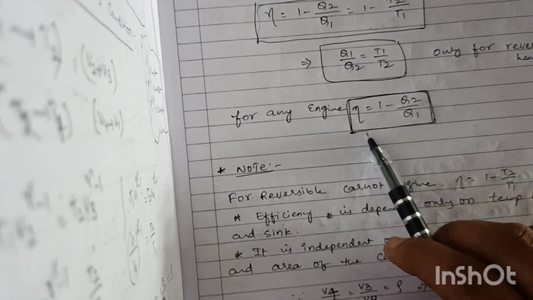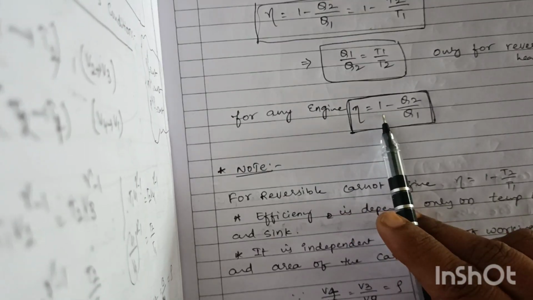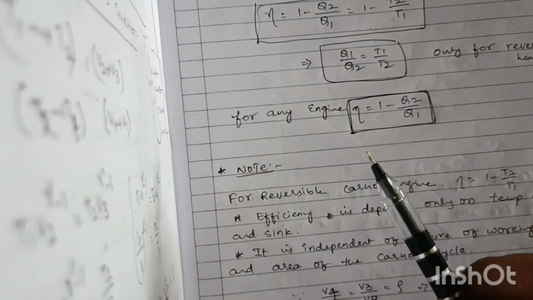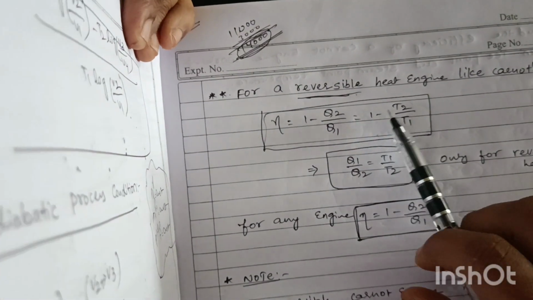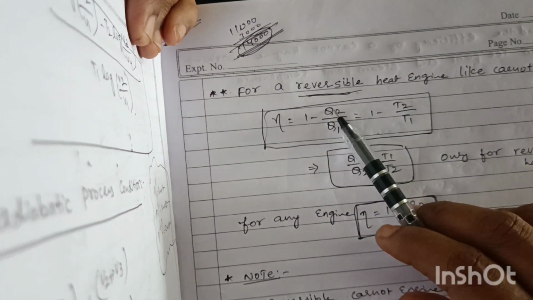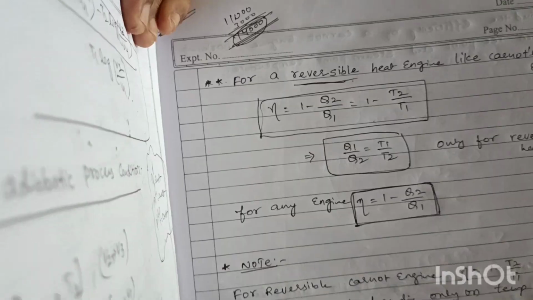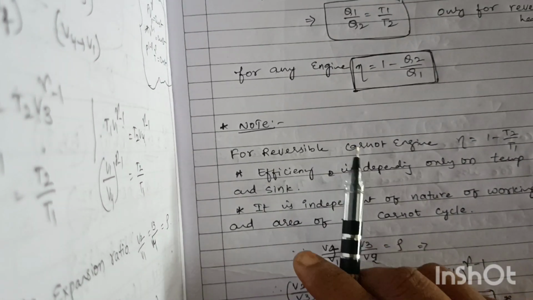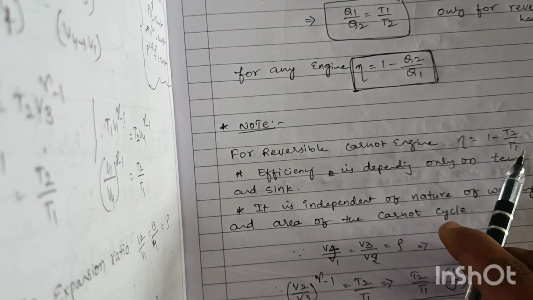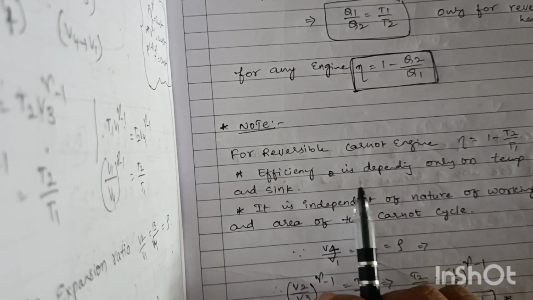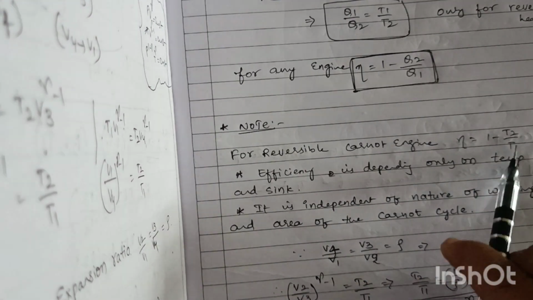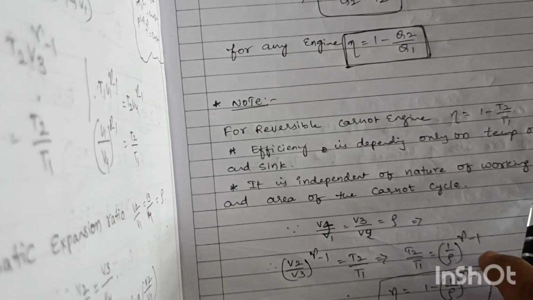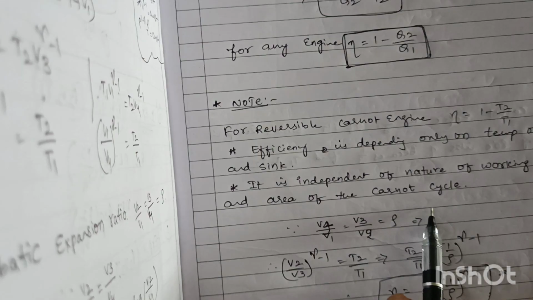So 1 minus Q2 by Q1 holds good for both reversible and irreversible, but for reversible we can also write 1 minus T2 by T1, so T2 by T1 equals Q2 by Q1. Some points: for a reversible Carnot engine, efficiency depends only on the temperatures of the source and sink. It is independent of the nature of the working substance and the area of the Carnot cycle.